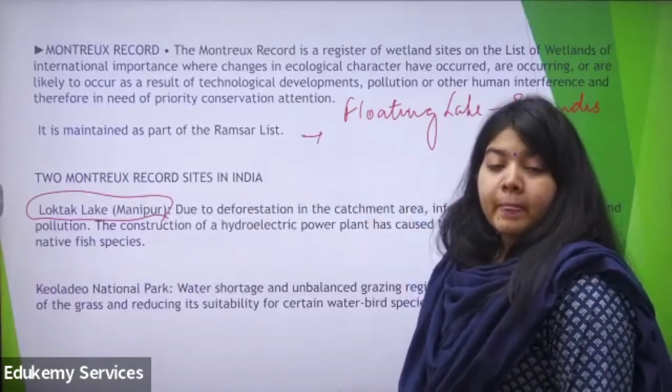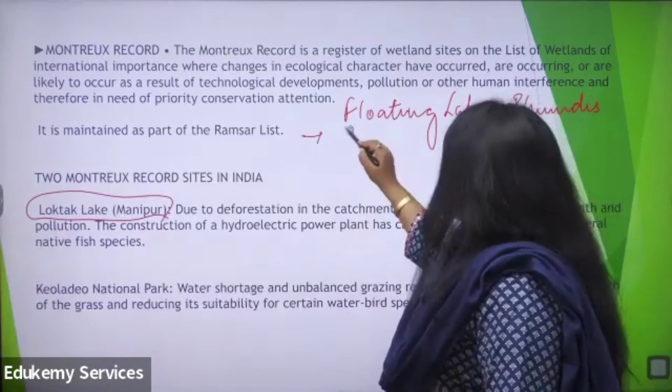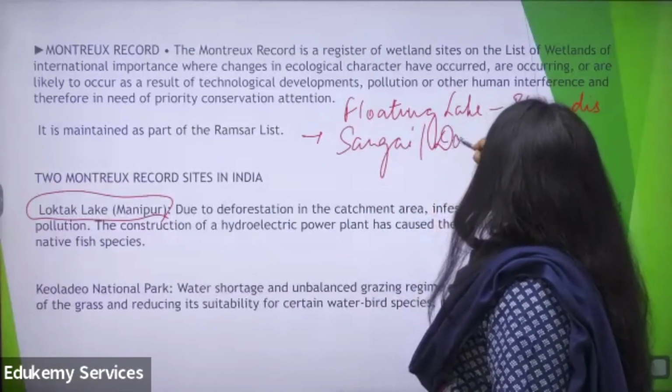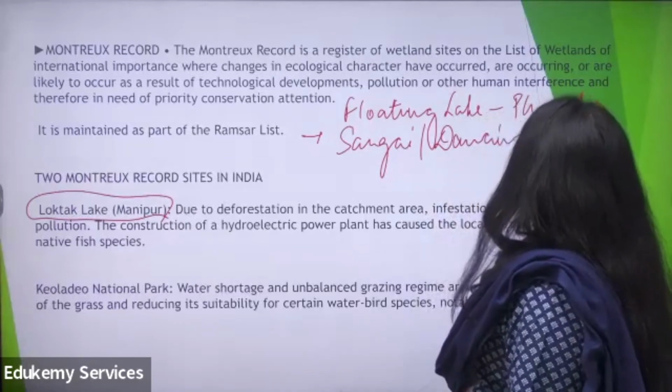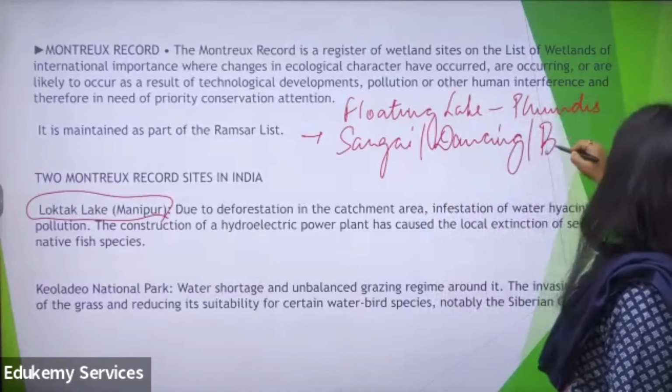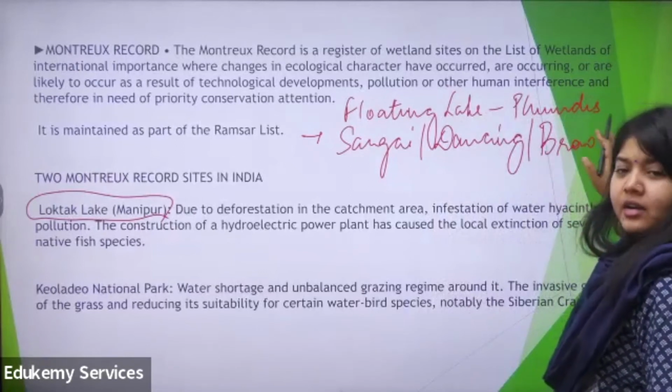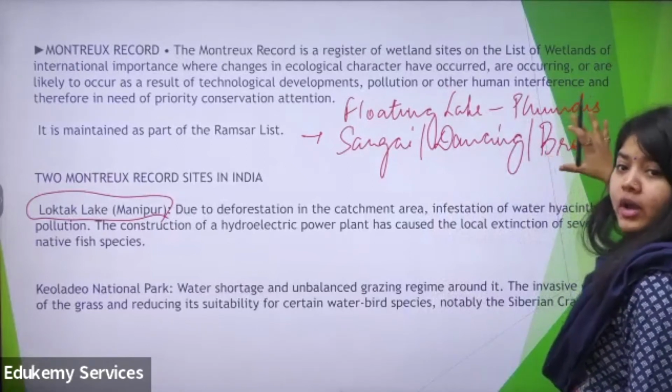Then what is the deer? Sangai, also called the dancing deer, also called the brow-antlered deer.